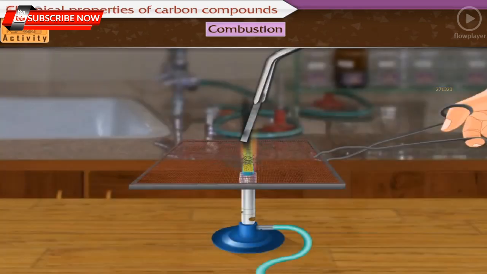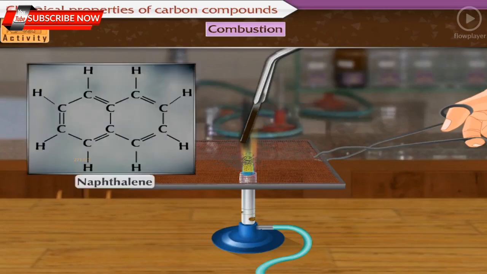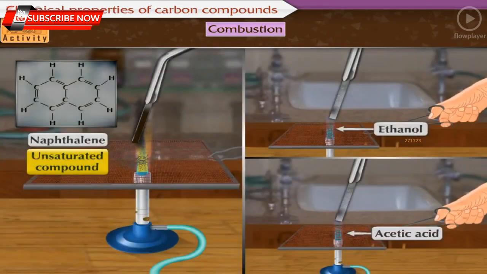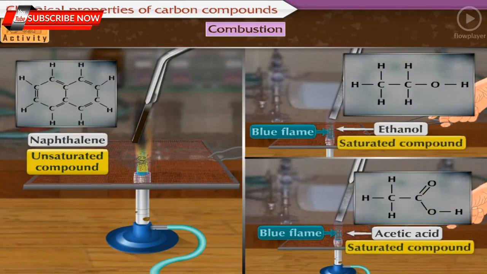Due to this black smoke, a deposit of black soot gets collected on the metal plate. Therefore, naphthalene is an unsaturated compound. Generally, saturated carbon compounds burn with a clean blue flame. Therefore, ethanol and acetic acid are saturated carbon compounds.